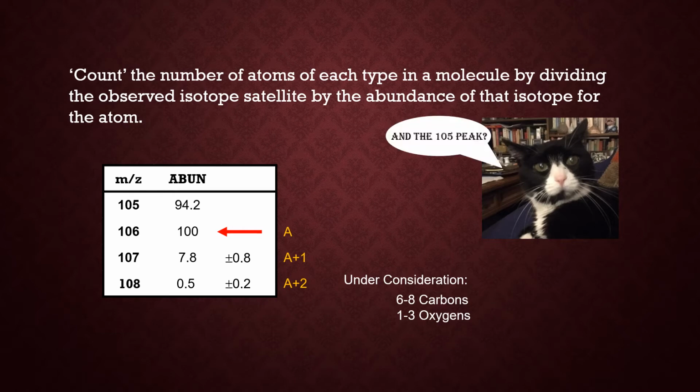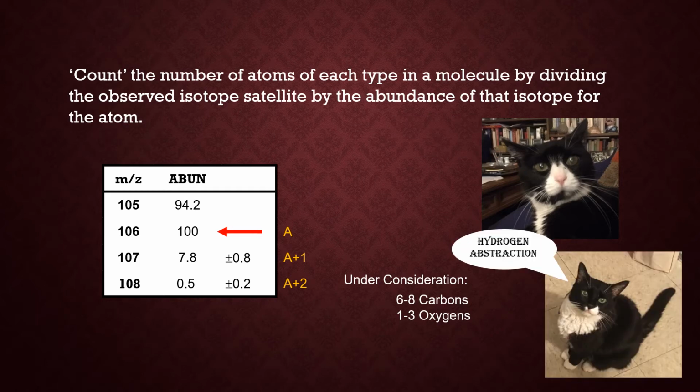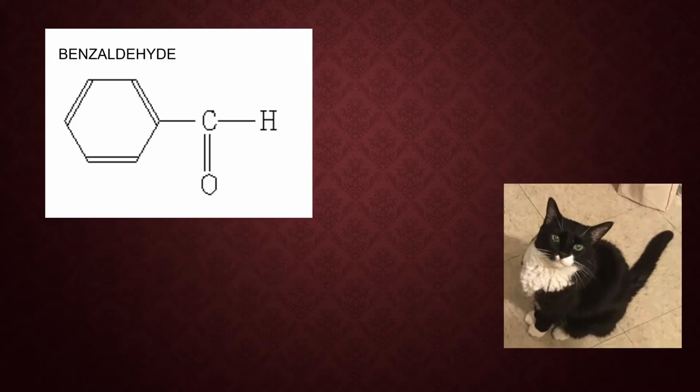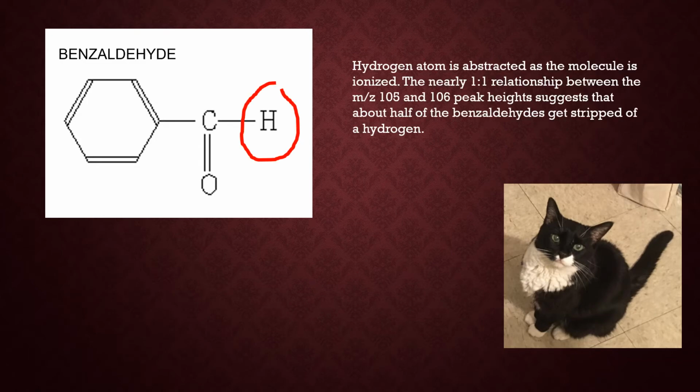And the question raised by the boss is what can we attribute the 105 peak to? And the boss's big sister comes in and says that hydrogen abstraction is the likely culprit. So it's probable that the molecule is unstable in the beam and is losing a hydrogen. So this is the actual molecule involved. This hydrogen is labile.